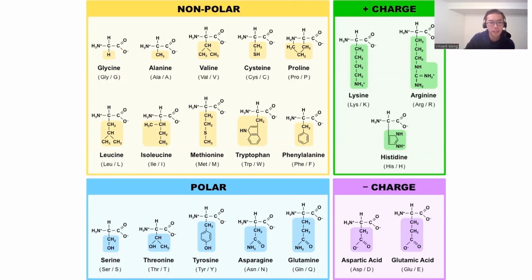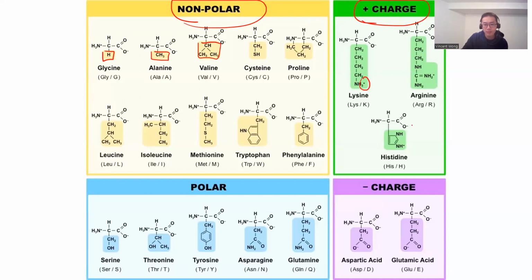So this is a picture that shows you all the amino acids, right? You see the C here, the H, the NH, and the COO. But what makes them different is the R group here. Some R groups are non-polar, and it makes the amino acid non-polar. Some of them are charged.